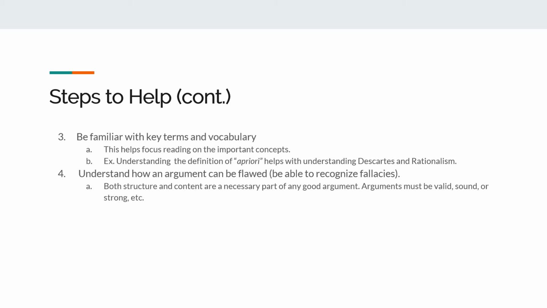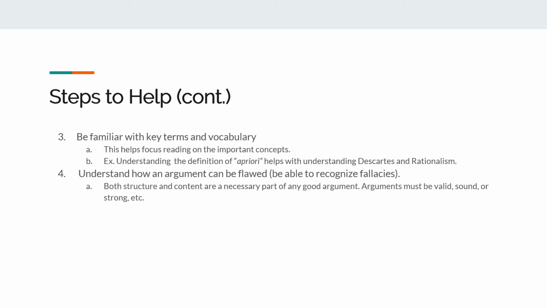And so it's important to understand where arguments can go wrong, because then we can pick out when and if arguments are bad and why, so that we know whether or not we should be persuaded by arguments or not persuaded by arguments. If I can recognize the flaw within an argument, then it certainly won't be one that persuades me into believing the author's position.